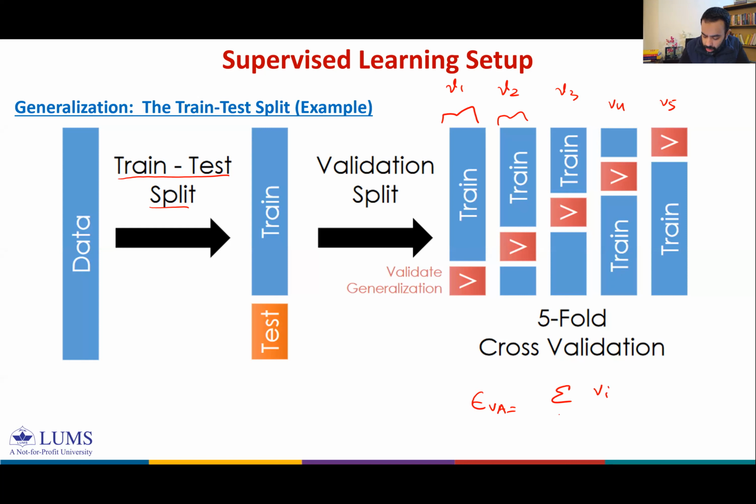You treat all these 5 independently. आप blue पे train करें, red के ऊपर आप validate करें, and you find a validation loss. And overall validation loss would be the average of these 5 validation losses.